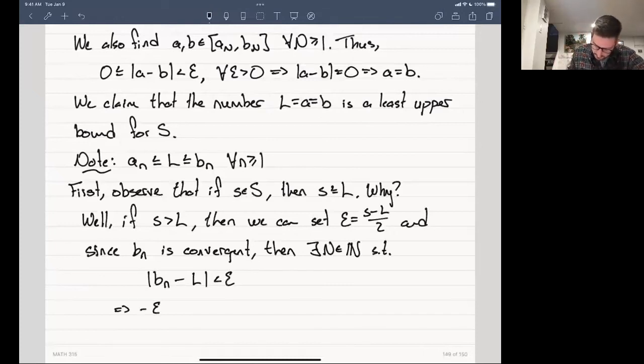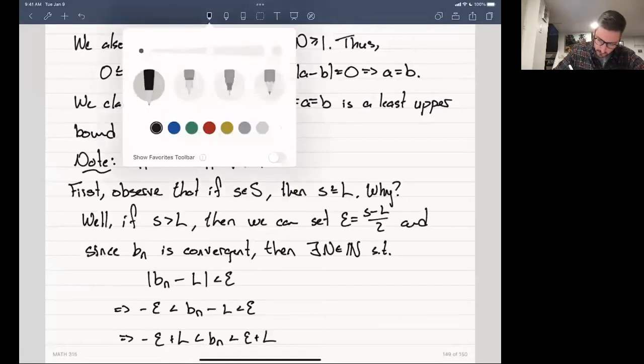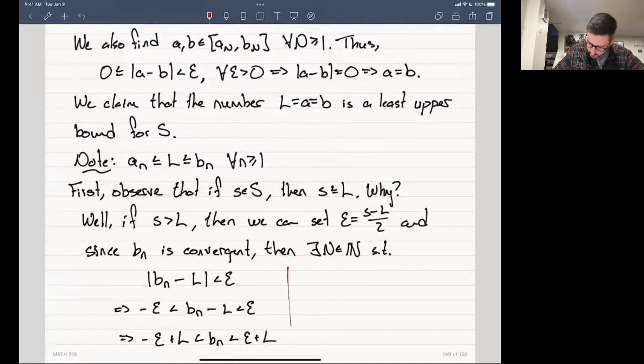We get minus epsilon is less than Bn minus L, which is less than epsilon, which tells us that minus epsilon plus L is less than Bn, which is less than epsilon plus L, which, if you'll bear with me, I'm going to put a divider line here so that I can continue the manipulations on the same page so that you can see everything all at once.